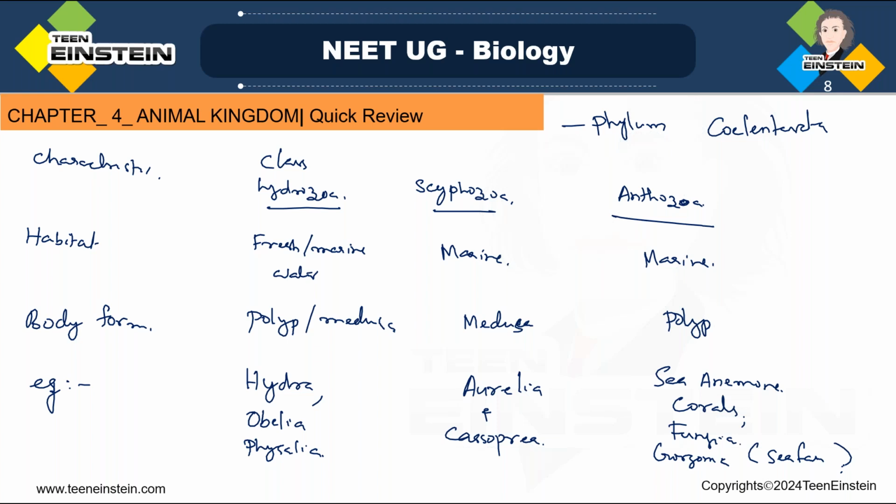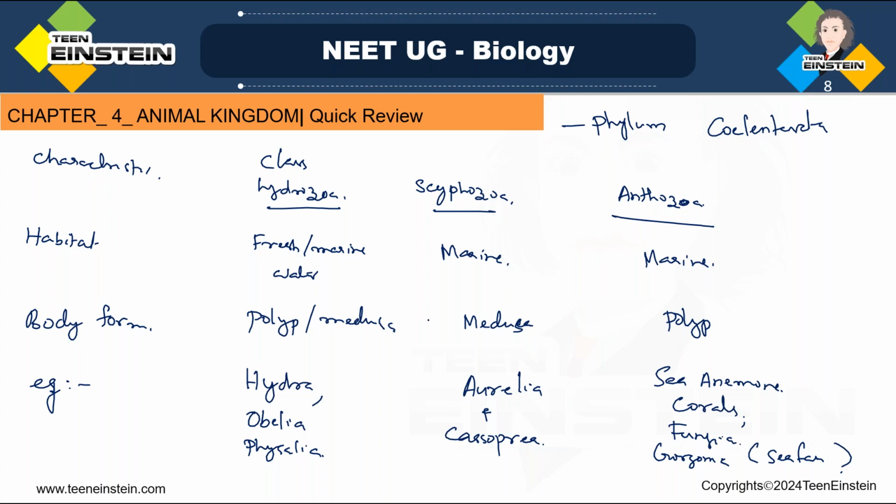And phylum Coelenterata, we have learned different features and characteristics of the classes, like habitat, body form, and examples. The different classes are Hydrozoa, Scyphozoa, and Anthozoa.